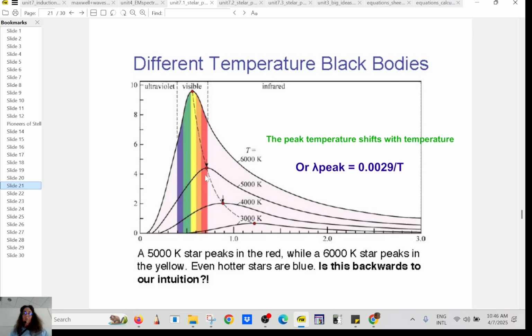So for example, that will be our sun. Our sun is about 6,000 K. It peaks in the green. And if you have something that emits infrared, the peak wavelength will be infrared. And if you find this area, you can find the energy output.